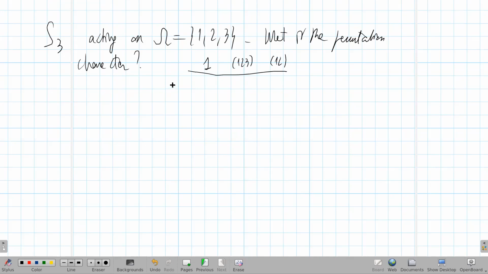And here you have to write the permutation character, which remember is just the number of fixed points. We write chi, because character begins with chi in Greek, but it's nothing else than the number of fixed points. So 1, of course, fixes 3 points. (1 2 3) fixes nothing, and (1 2) fixes exactly 1 point, 3. Okay, so the number of fixed points.